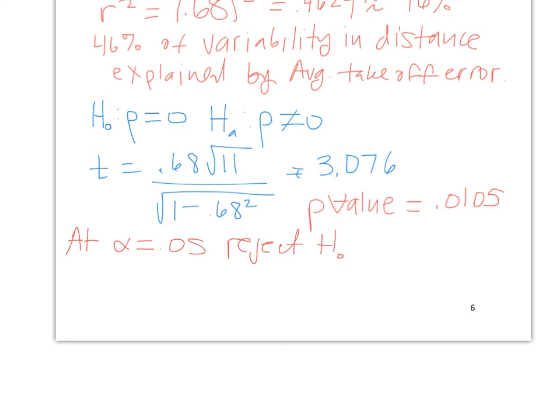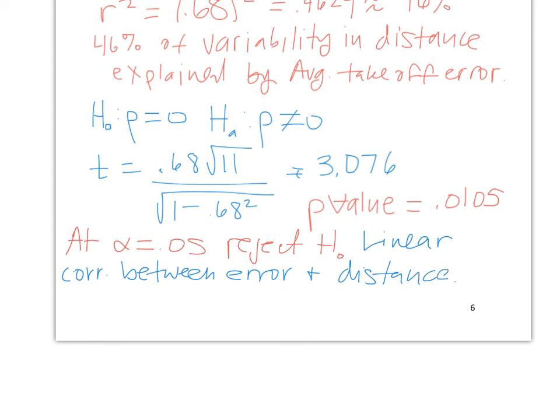Okay, so that says that at that significance level, we do have linear correlation between these two things, between the error and distance.